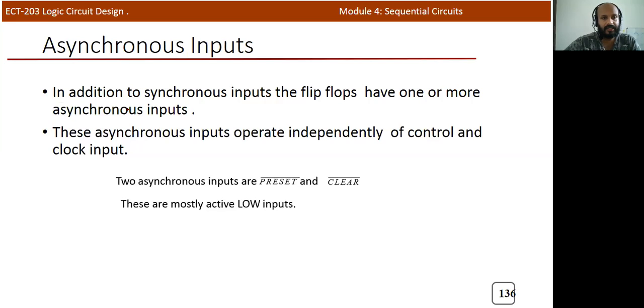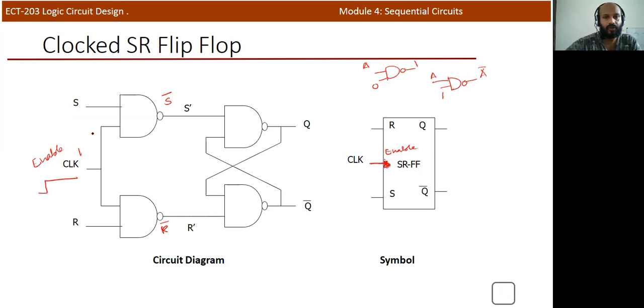Other than this enable signal, we can add two more signals in the case of a flip-flop or latch. And the basic difference when you compare a latch and a flip-flop: this is a latch and this is a flip-flop.